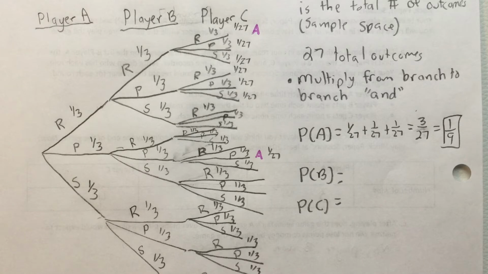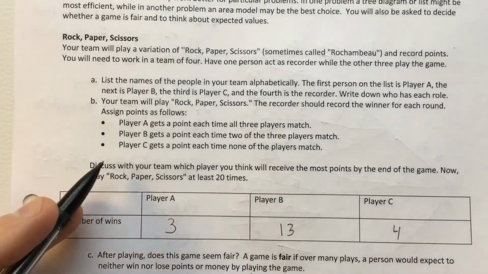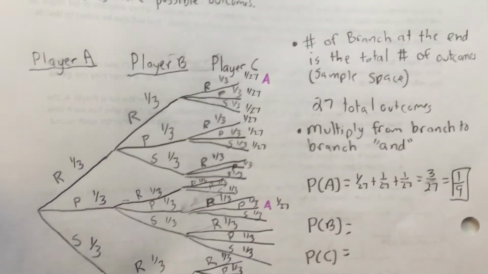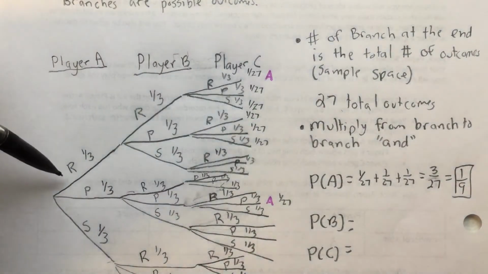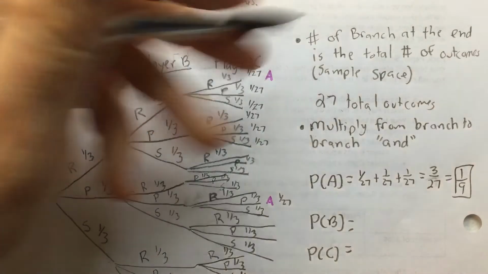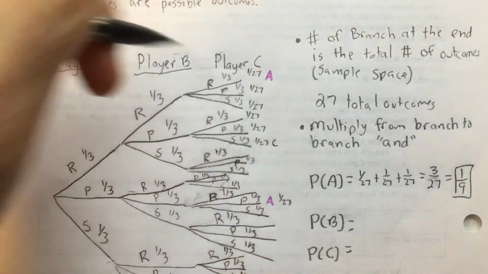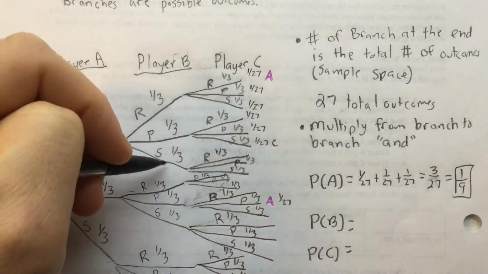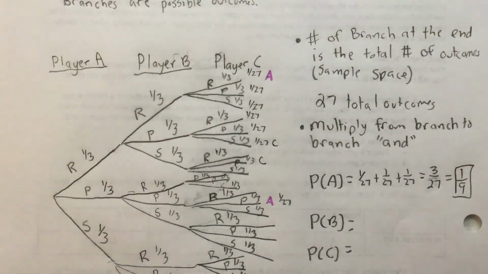We're going to do player C next. So player C wins when we do all three different. So player C would win if I did a rock, a paper, and then a scissors. So this would be player C. A rock, a scissors, and then a paper. So that would be player C. Again, 1 out of 27.